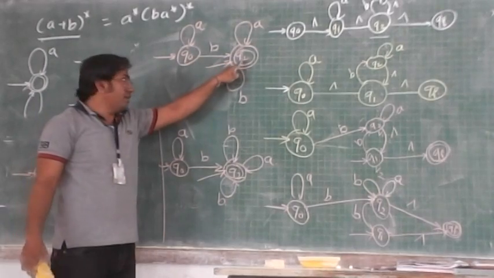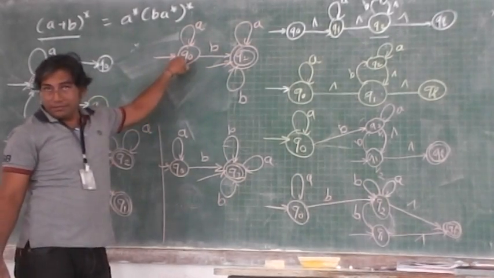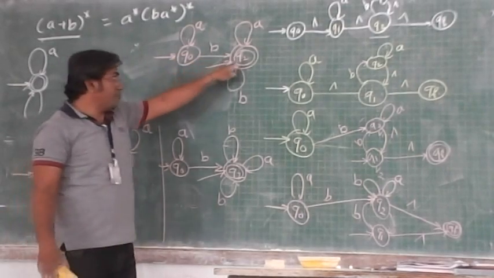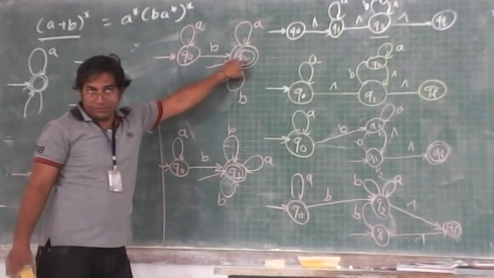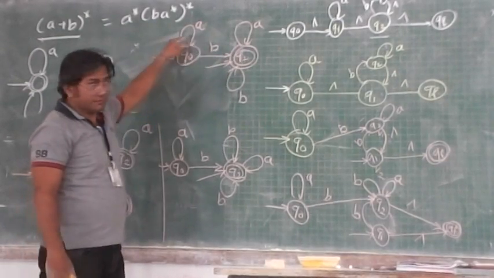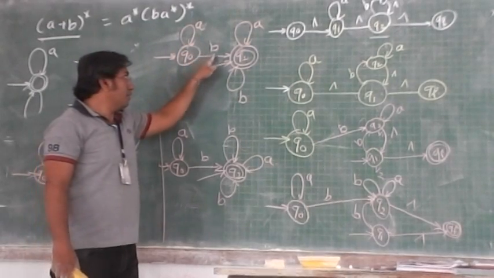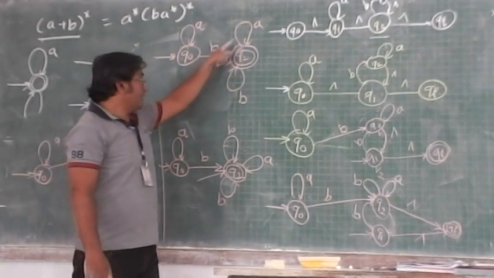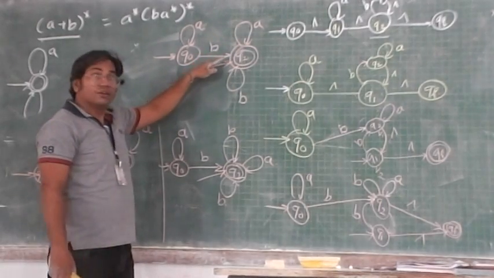So up to the final state, from the journey starting with Q0 and completing up to Q2, what exactly is the string I can generate? I can start with any number of A's, I can start with B, I can collect any number of B's, any number of A's, okay?